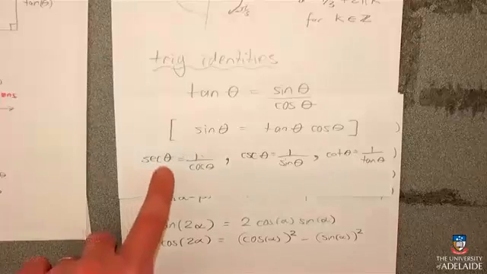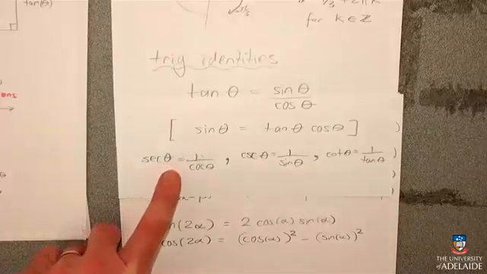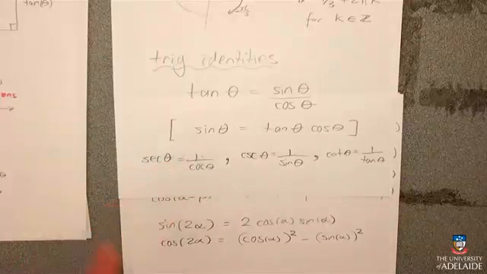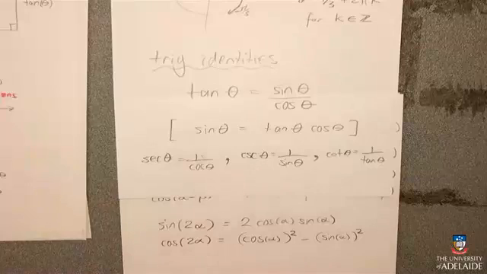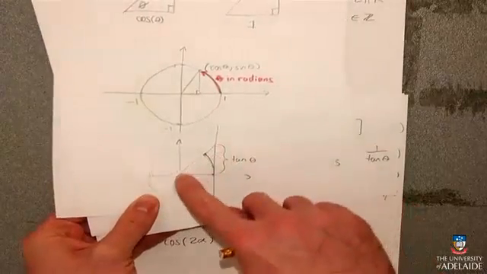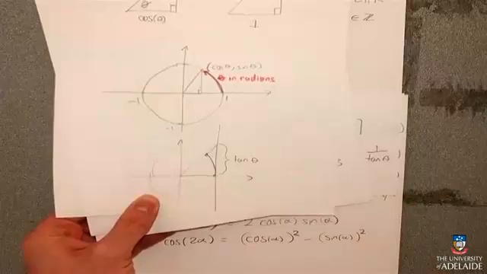The sec actually literally stands for secant, which is the length of a line which goes from one edge of a circle to another. And I can't remember where it's this length here, but it also appears elsewhere in the circle too.